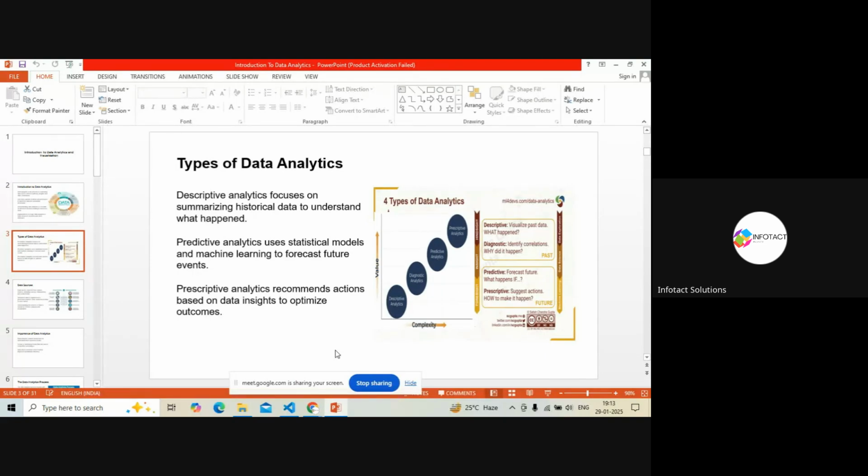What is median? Median is the middle value of a sorted data set. If the data set has an even number of values, the median is the average of the two middle numbers. What is mode? Mode is the number that appears most frequently in a data set. The data set can have one mode, that is unimodal, or two modes, that is bimodal.